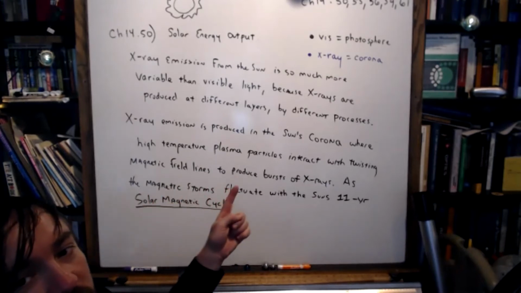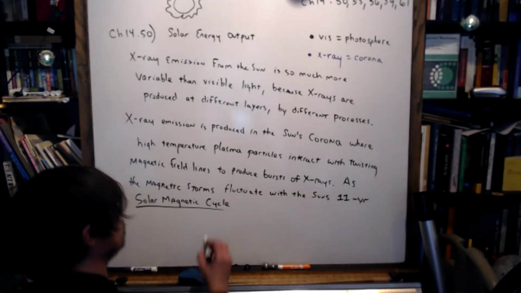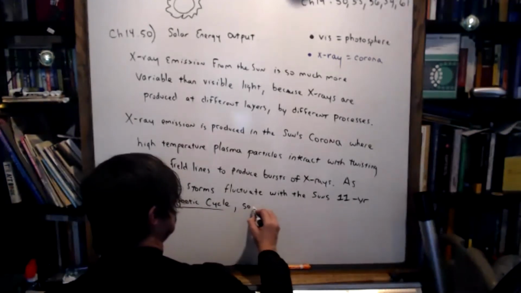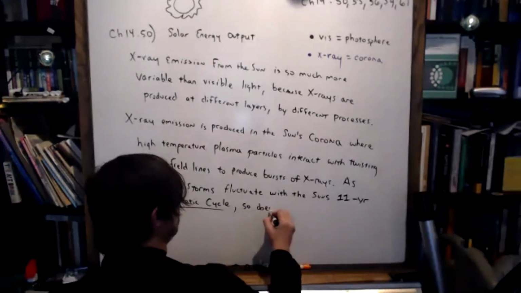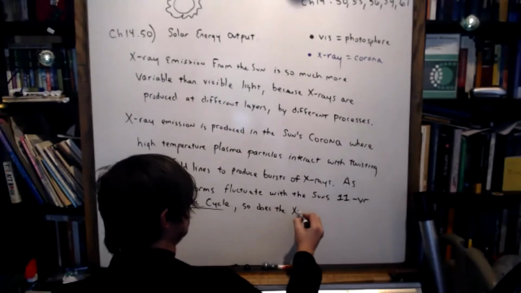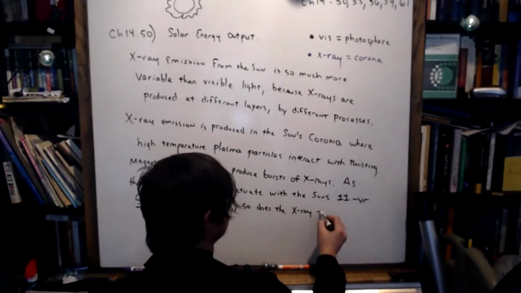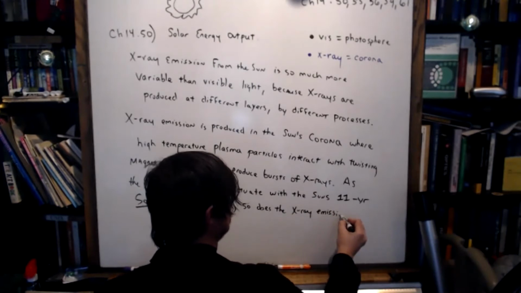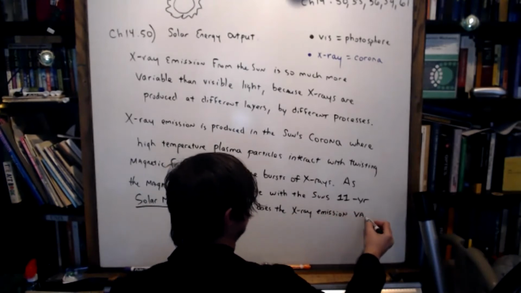As the magnetic storms fluctuate with the sun's 11-year solar magnetic cycle, so does the X-ray emission vary.